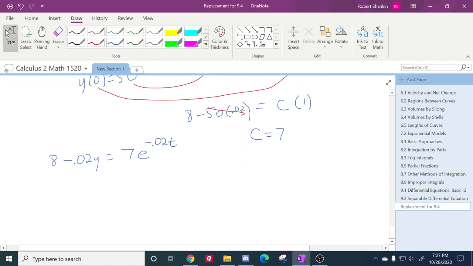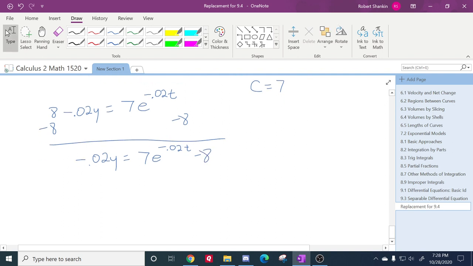And then I gotta get the y all by itself. Subtract 8. Divide by negative 0.02.